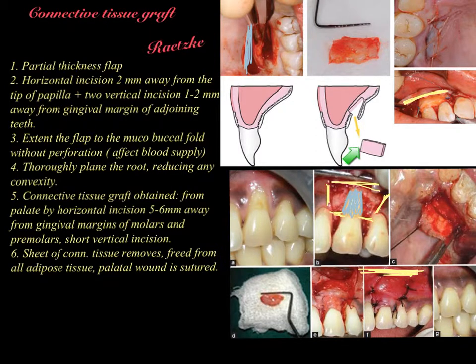This horizontal incision is 5 to 6 millimeter away from the gingival margins of molars and premolars, and we just need a short vertical incision from here or here. So you have a two-sided flap, a horizontal and vertical incision.